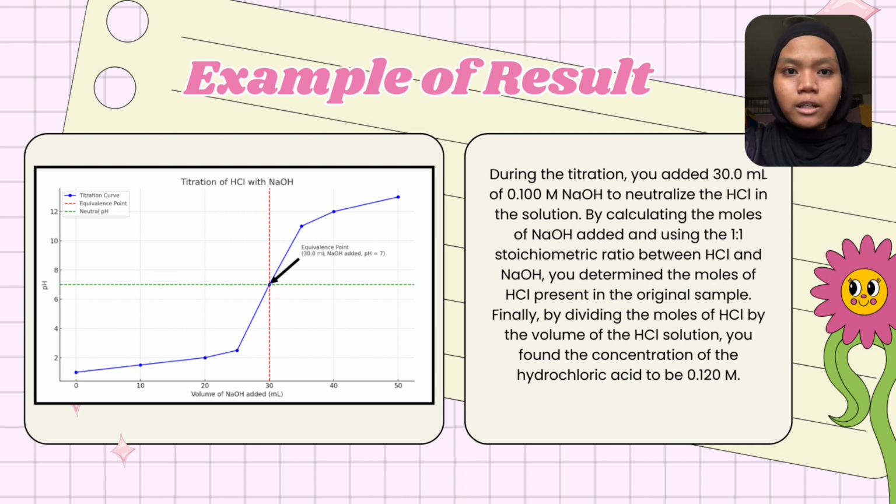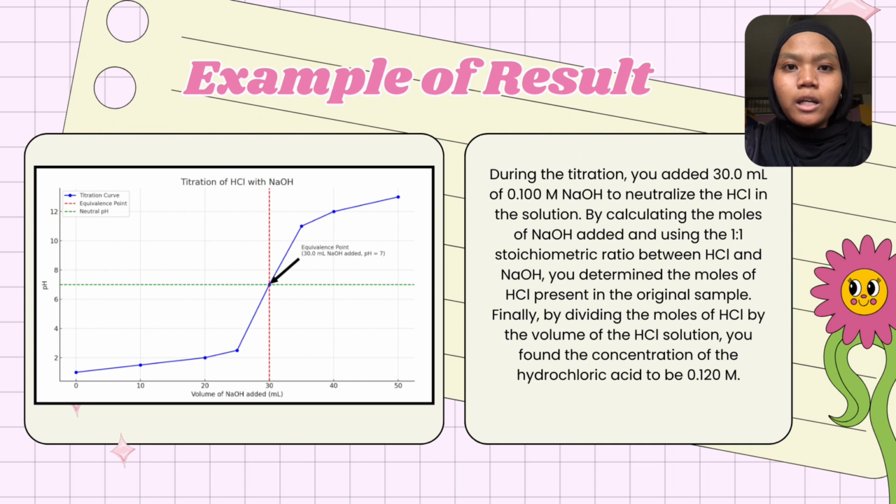And for the diagram explanation, the titration curve is the blue line and it represents the change in pH as sodium hydroxide is added to the hydrochloric acid solution. The equivalence point is marked by the red dashed line at 30 ml of sodium hydroxide added.